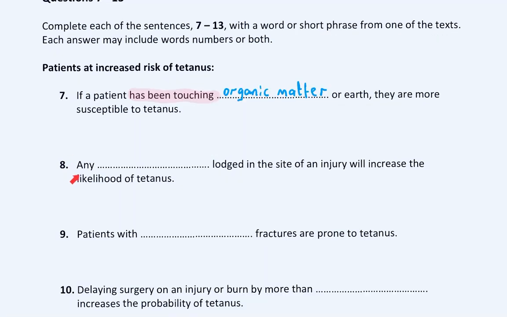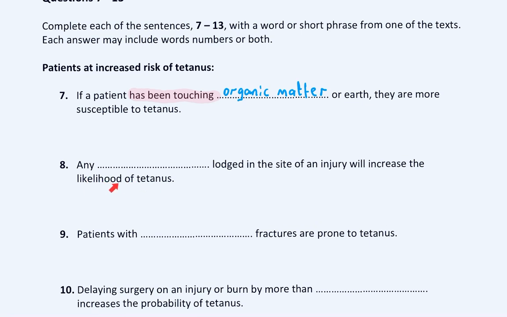Question number 8. Any dash lodged in the site of an injury will increase the likelihood of tetanus. So, guys, we are looking for something that is lodged or stays in the site of an injury, which can be a wound, and will increase the likelihood, so that is risk of tetanus.